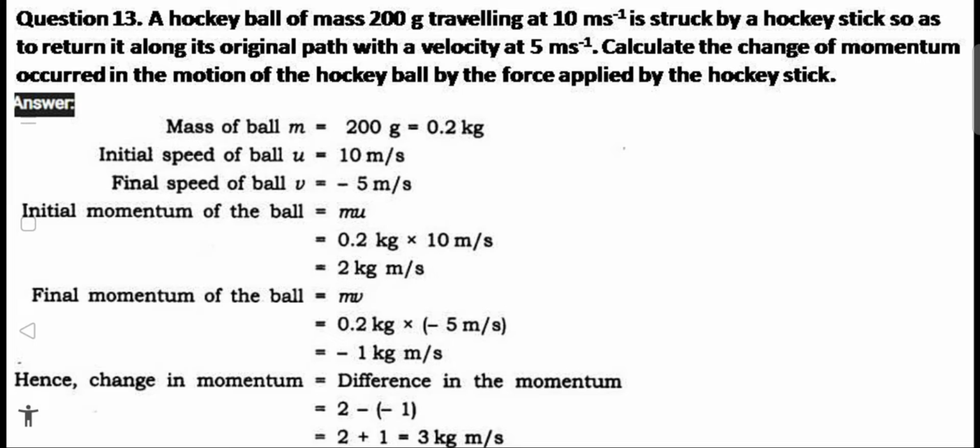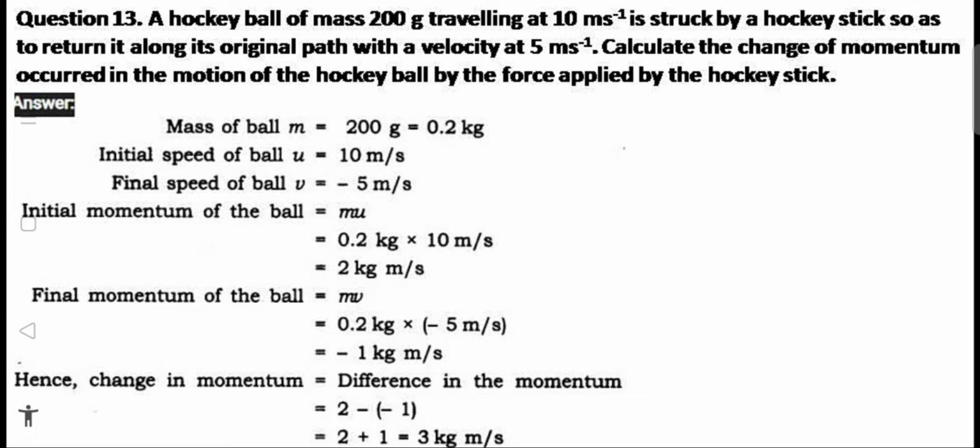Initial speed of ball u = 10 meters per second. Final speed of ball v = minus 5 meters per second. Initial momentum of the ball = m × u = 0.2 kg × 10 meters per second = 2 kg meters per second.